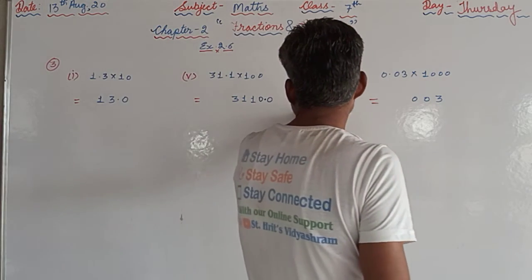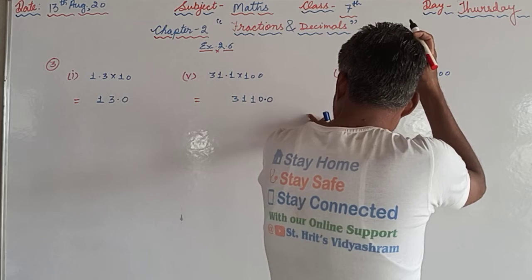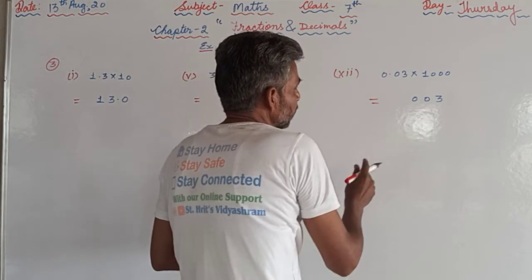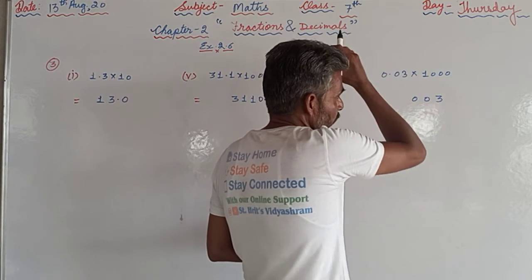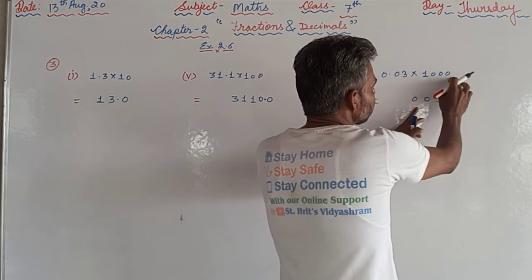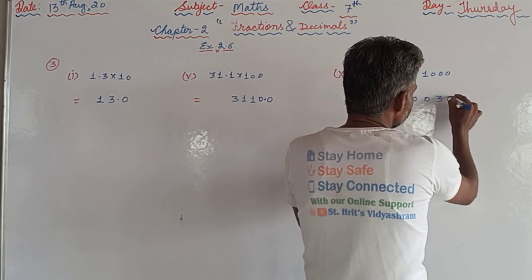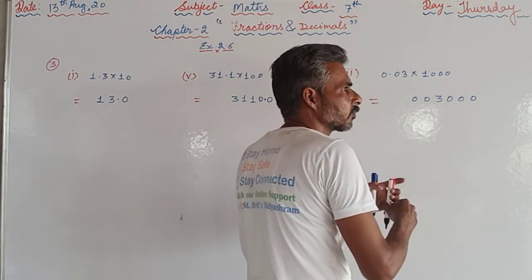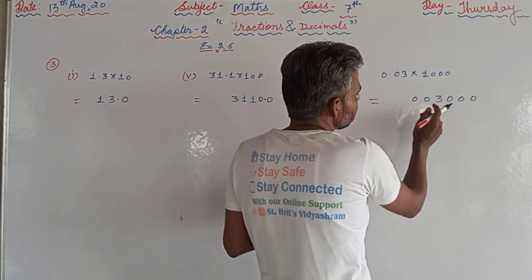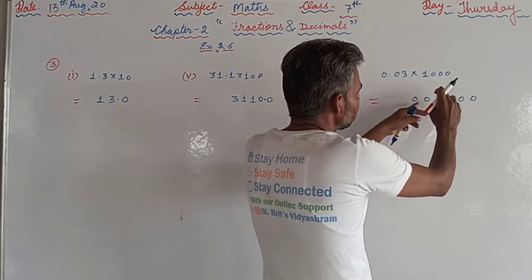At the same time, here 0.03, so the decimal is here, and how many zeros are there? 3. So we will place some zeros, as many as we want. The decimal is here, and it will move 3 places.